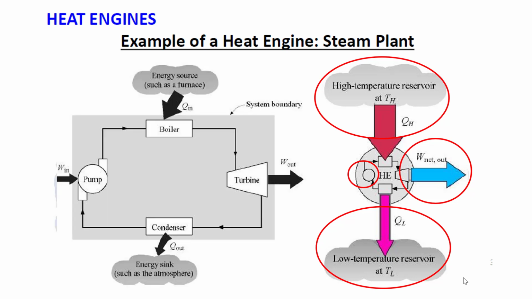This is the common heat engine that you will be seeing quite a lot in the future. So please remember the workflow and the diagram of the heat engine cycle.